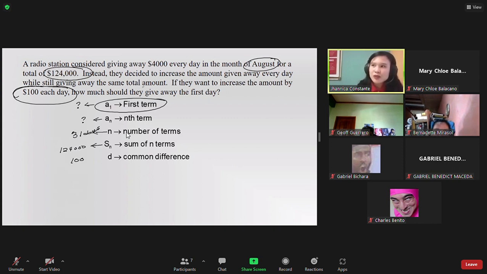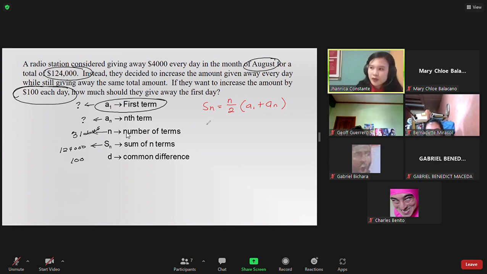Since we're solving for the first term, we're going to use the arithmetic sequence and the formula for the sum of series. In the sum of series, we need the value of n and the value of the first term plus an.